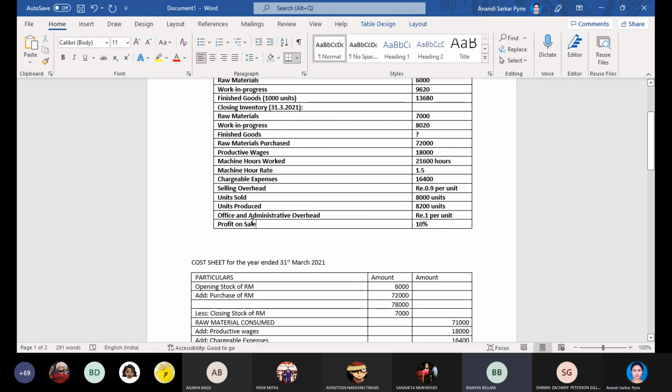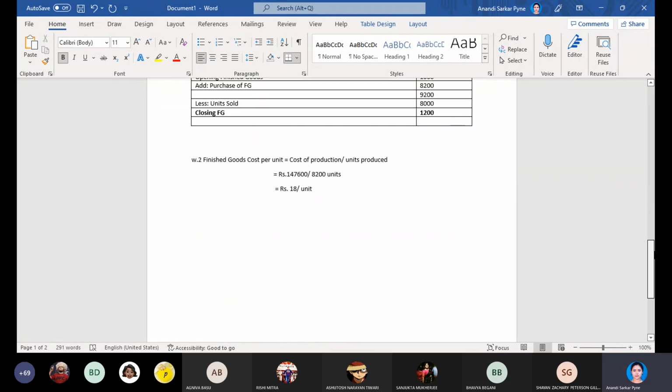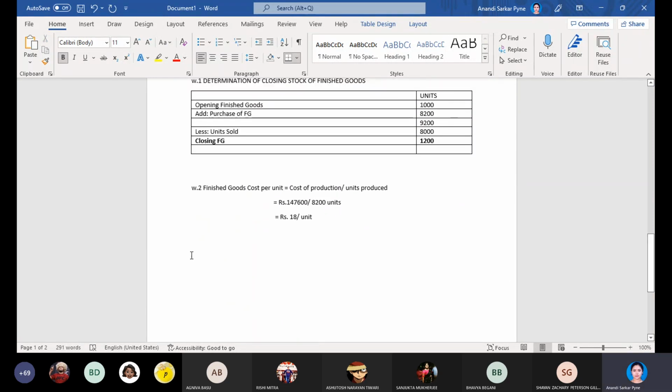Profit on sale. So 10% is on sale. That means 10% of sales: sale is equal to 100, profit is equal to 10. We know that cost plus profit equals sales.